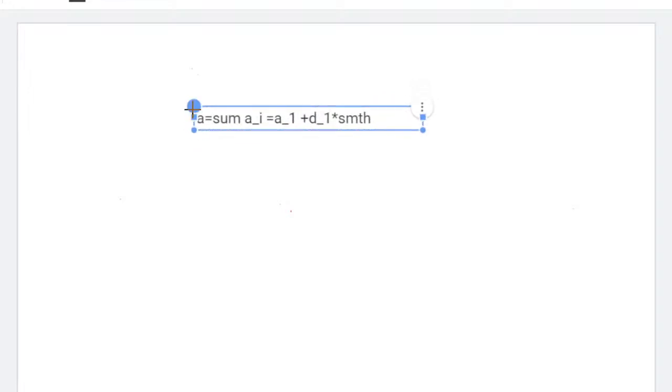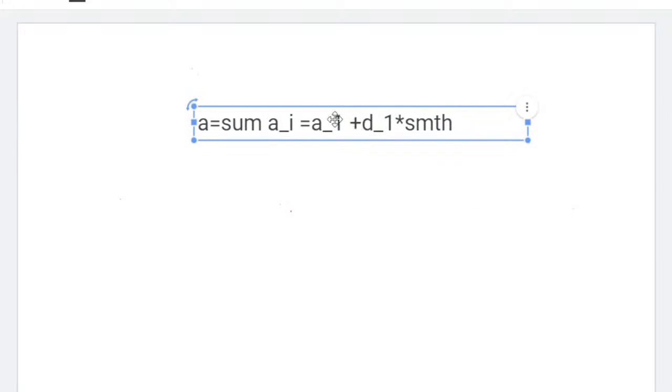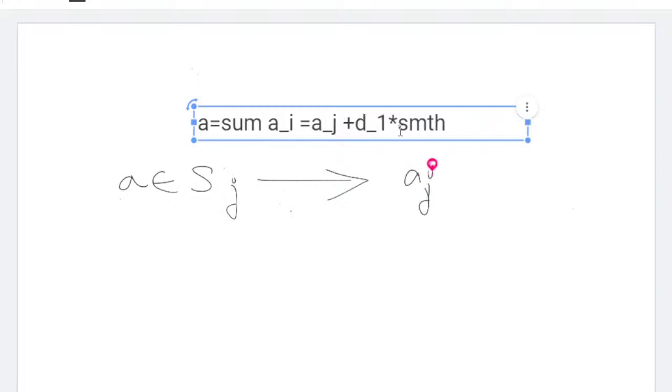If A belongs to SI, then A1 also belongs to SI, because it's A1 plus D1 into something. In general, if A belongs to some SJ, then you can write this as AJ plus DJ into something.